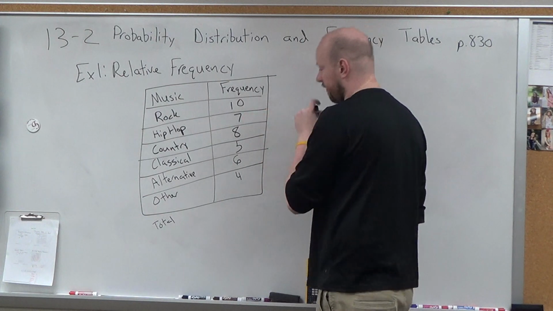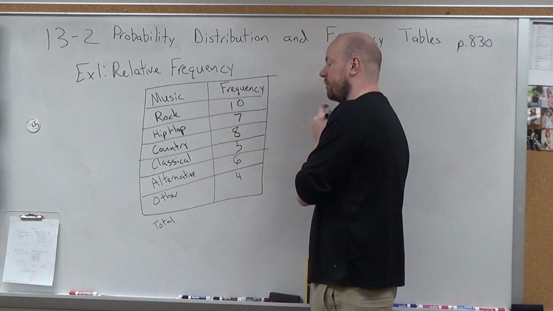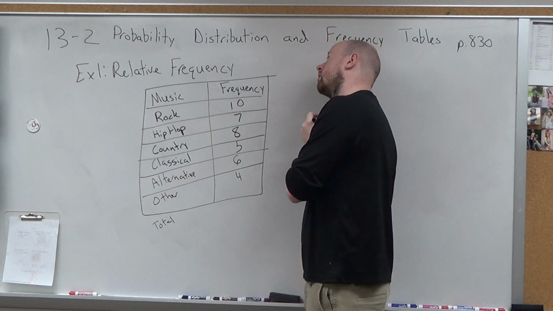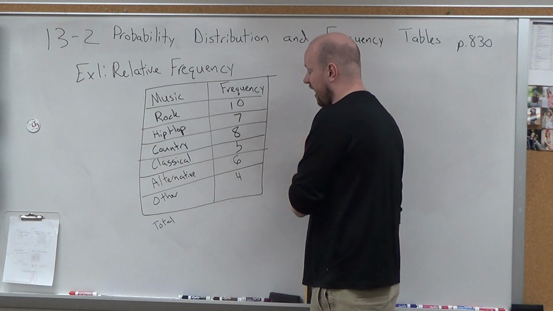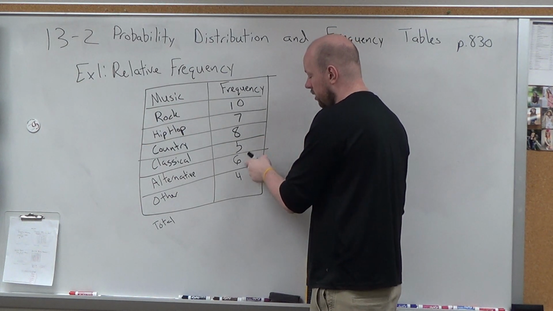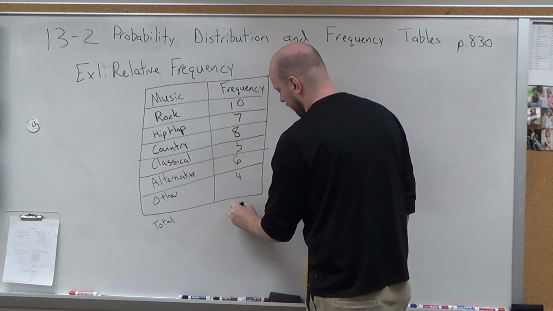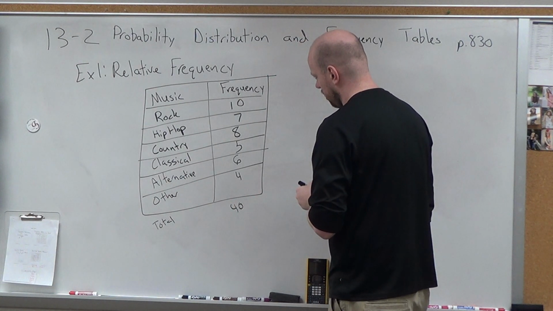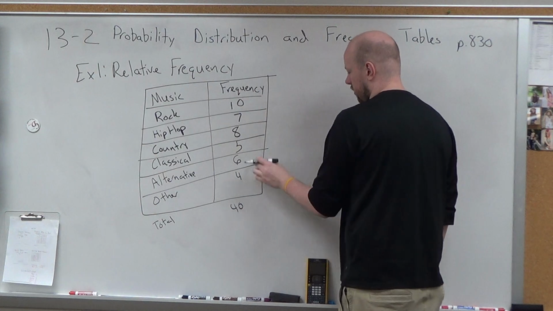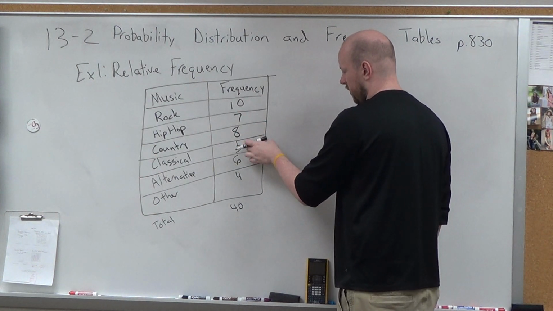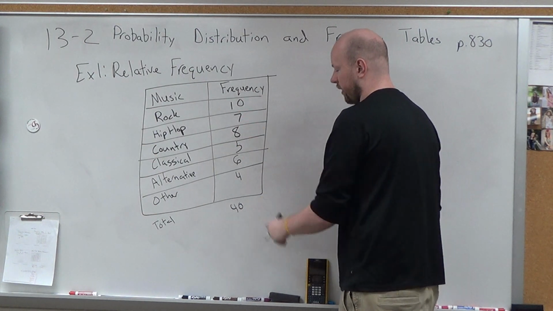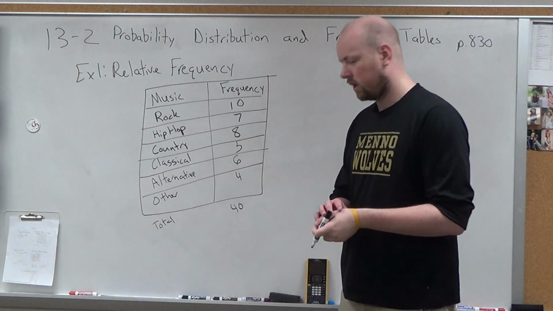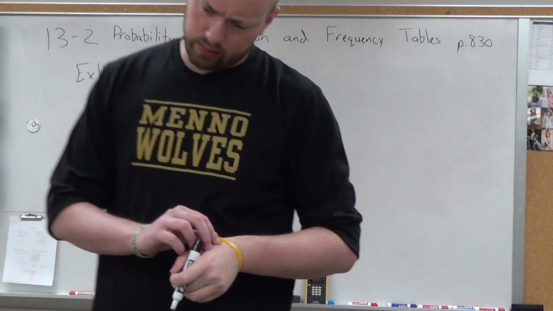So 10 plus 7 is 17, plus 8 would be 25. Plus 5 would be 30. And plus 6 plus 4 would be 40. Right? Yep, 40. Okay. Am I missing anything?